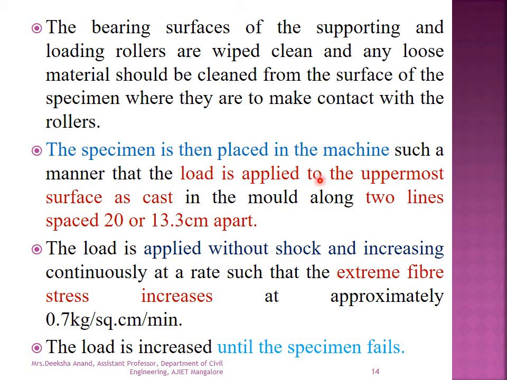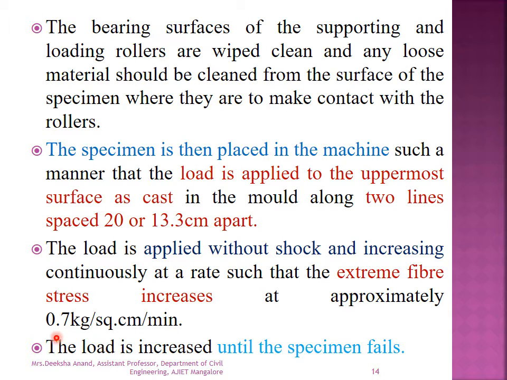And here the load is applied to the uppermost surface of the cast, as we know, and the mold along two lines spaced 20 or 13.3 centimeters apart, and the load is applied without shock and increasing continuously at a rate such that extreme fiber stress increases at approximately 0.7 kg per square centimeter per minute.